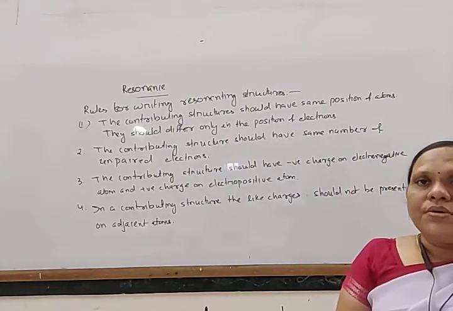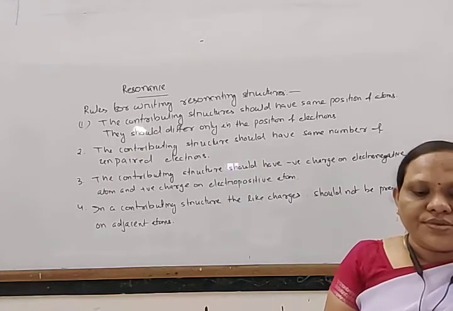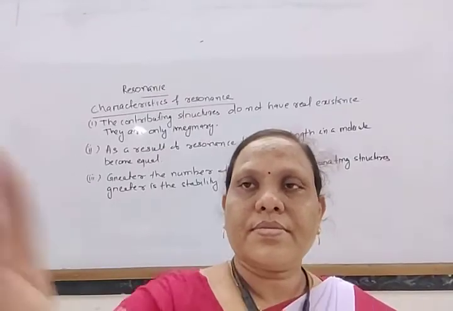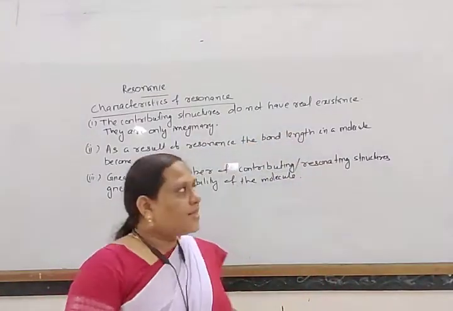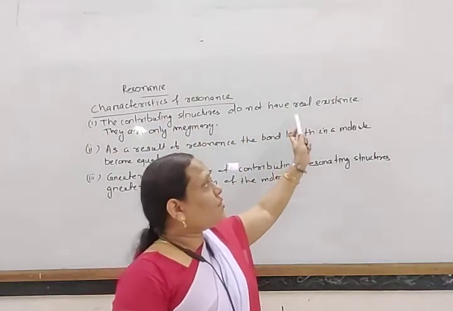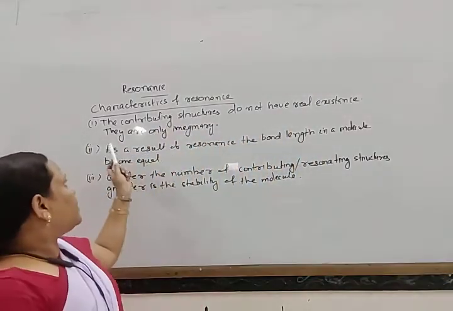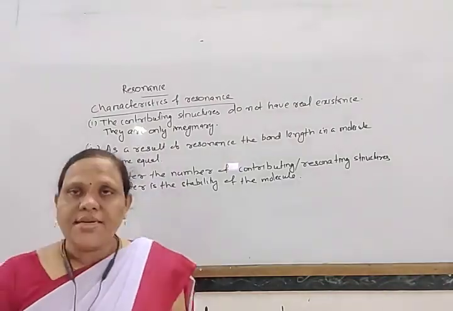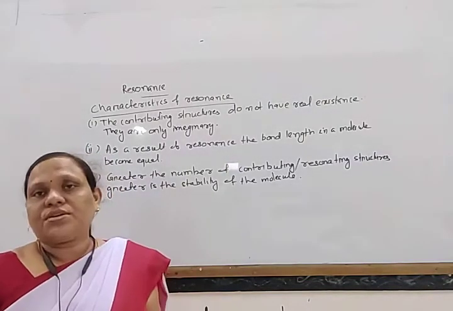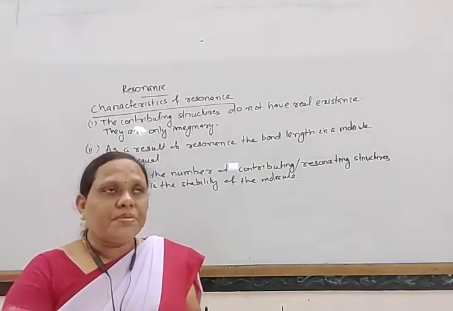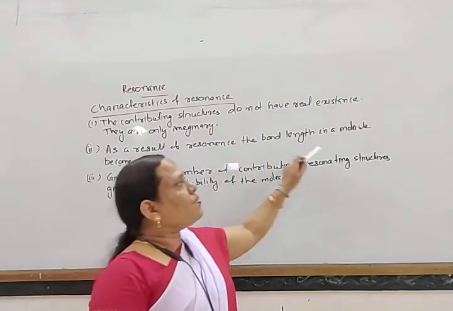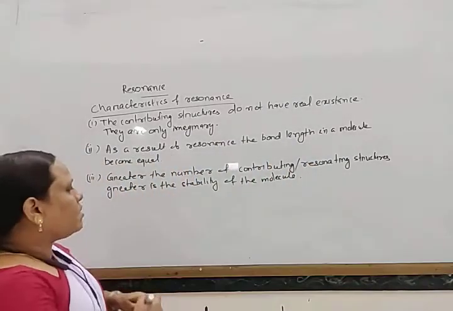Next, come to the characteristics of resonance. The contributing structures, the resonant structures, do not have real existence. They are only imaginary. Only the resonance hybrid is there, which can explain all the properties. As a result of resonance, the bond lengths in a molecule become equal.